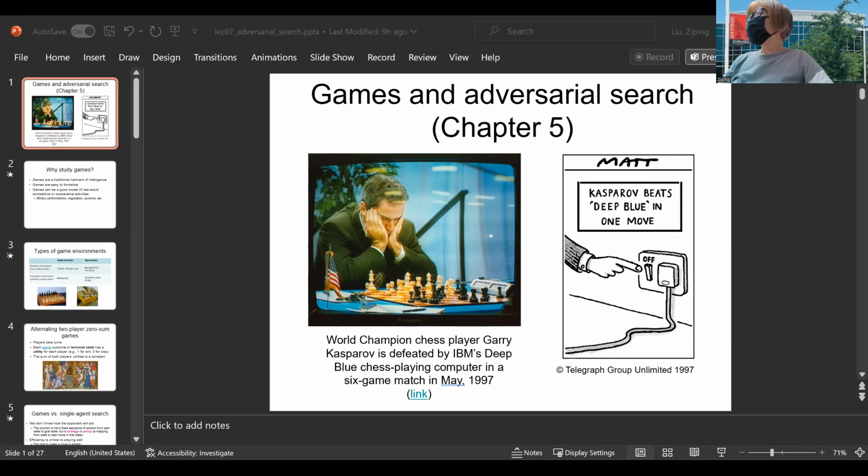The simple case is you win or lose, like 1 for win and 0 for lose. Here is why we say zero-sum: the sum of both players' utilities is always a constant. It's never going to change.